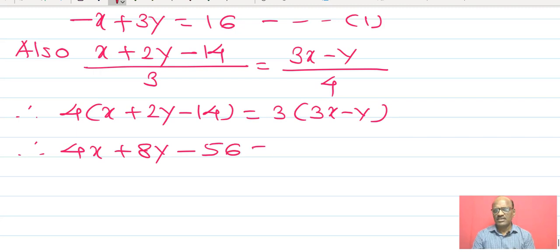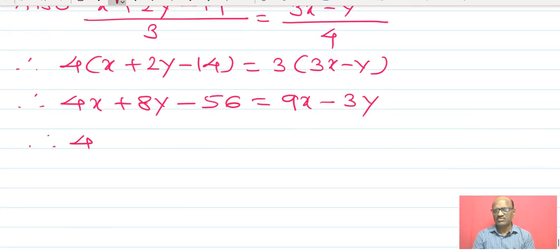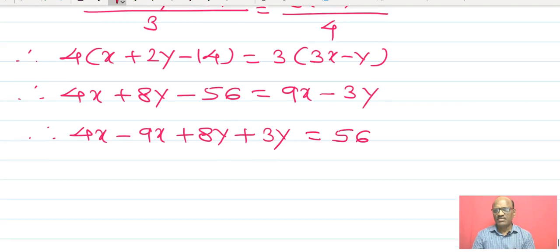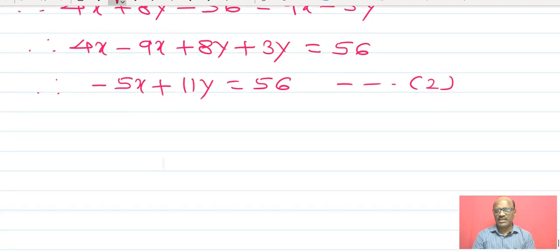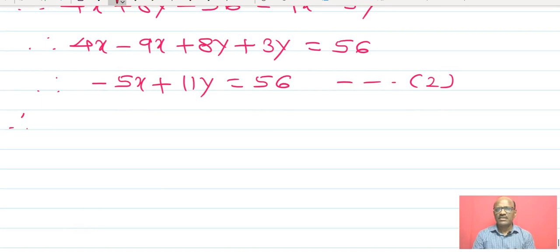Now we multiply 4 with all the terms inside, and 3 with all the terms on the right side. 4x plus 8y minus 56 and 9x minus 3y. Therefore 4x minus 9x, x terms on one side, y terms, and constant on one side. 4x minus 9x minus 5x, 8y plus 3y, 11y, and 56 is constant. This is number 2.